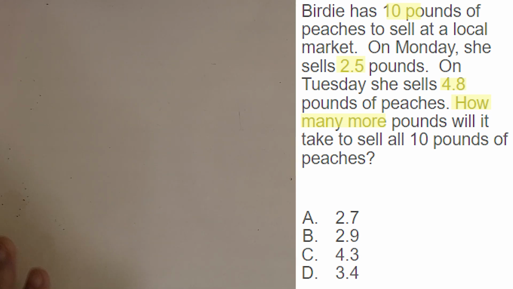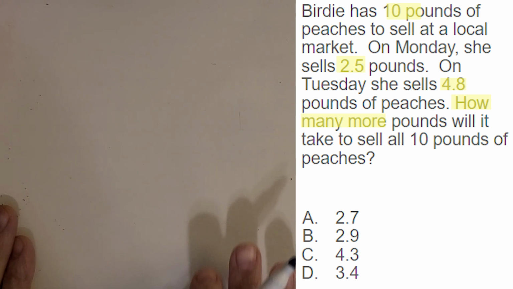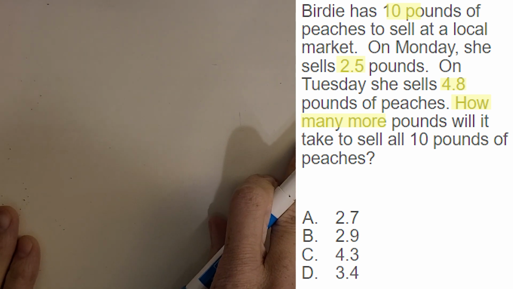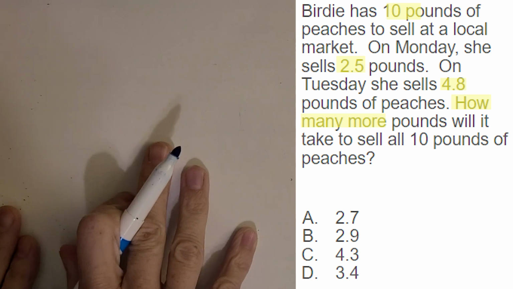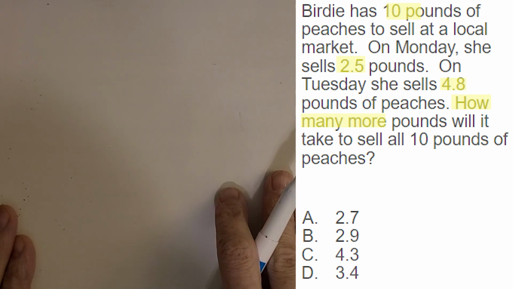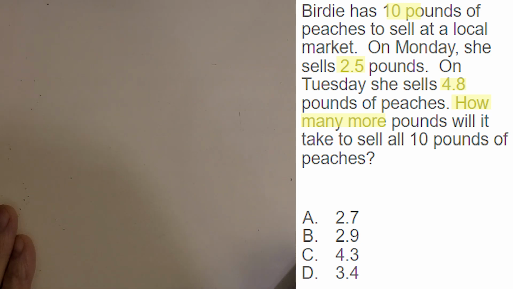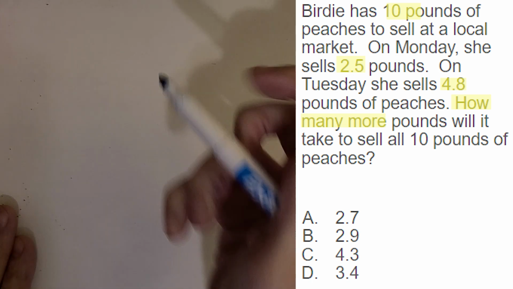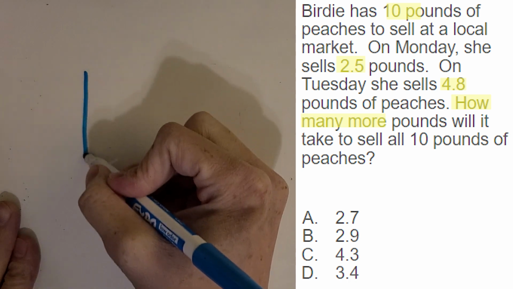All right, so whenever I see a problem like this and I know a total, like we know the total pounds of peaches, and she sells some on one day, more on the next day, and we need to know that last how many more she needs, it always makes me think of a strip diagram.